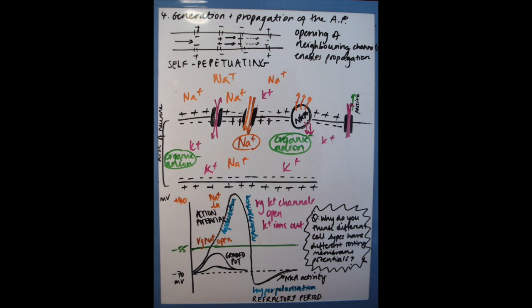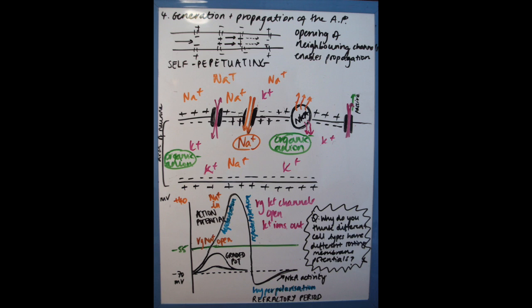And if we recall from the middle figure on the whiteboard, the opening of potassium channels will lead to the efflux or movement of potassium ions outside the cell because of an outward concentration gradient. And since the membrane potential inside the cell is now positive, this movement will be reinforced by an electrical gradient.